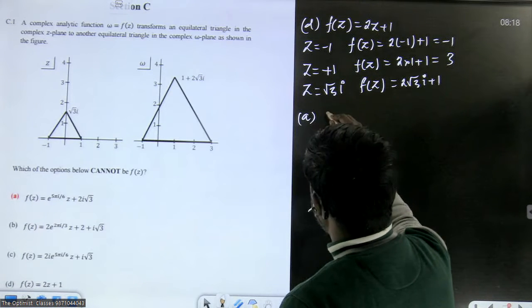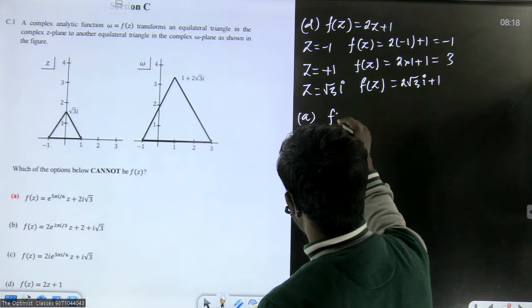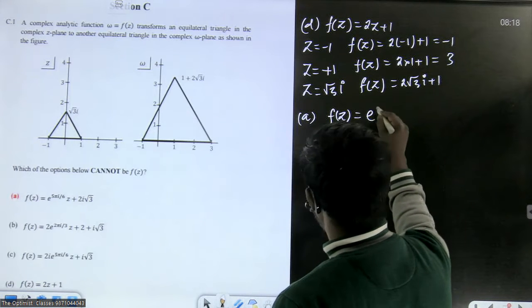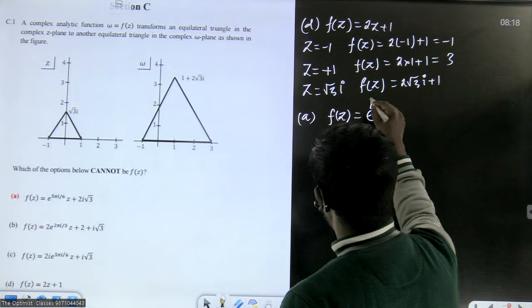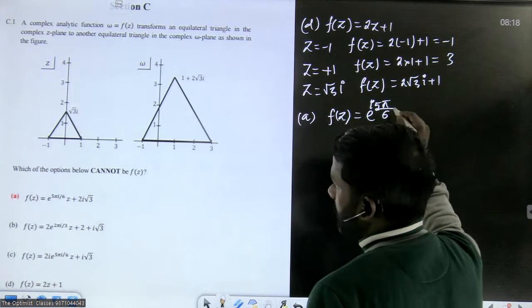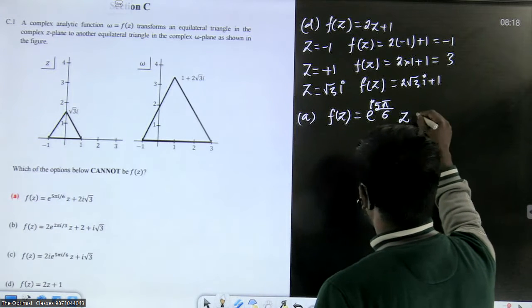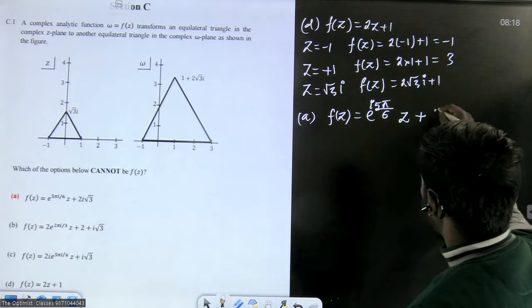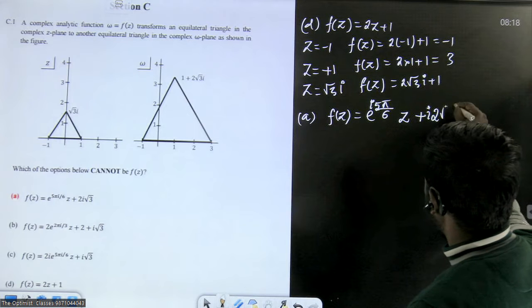Okay, now let's check option A, for example. Option A: f(z) is given to be e to the power i 5π/6 multiplied by z plus 2√3 i. Let's write it like this.